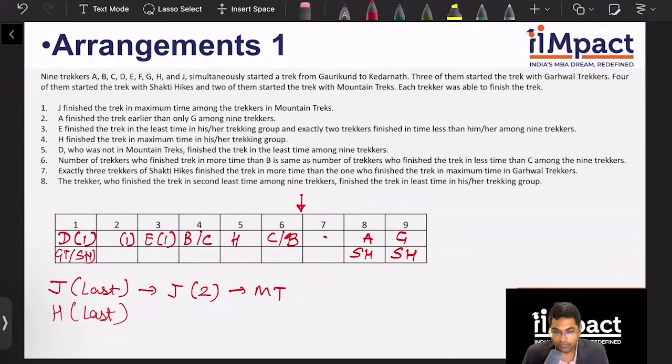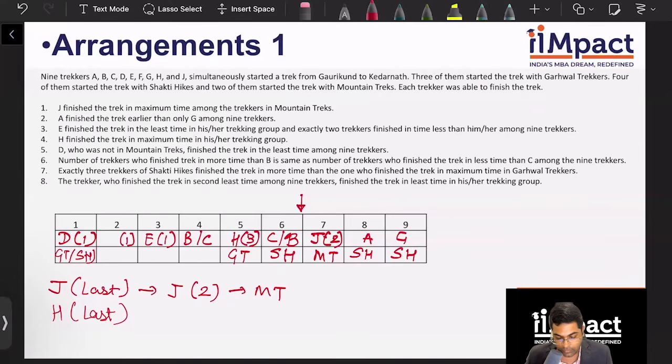Correct? H has to be over here and H has to be of the group GT. And if H is last in the GT group, that means it's the third position in GT. Correct? Therefore, the only position left for J is over here with second position in MT, and this is MT. Therefore, I can also say the person on the 6th position was an SH. Correct? Yes.